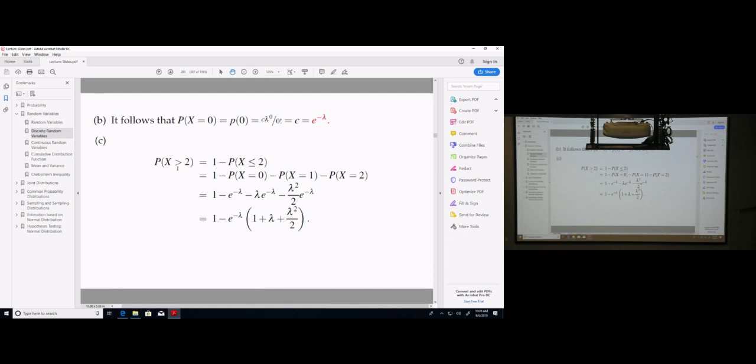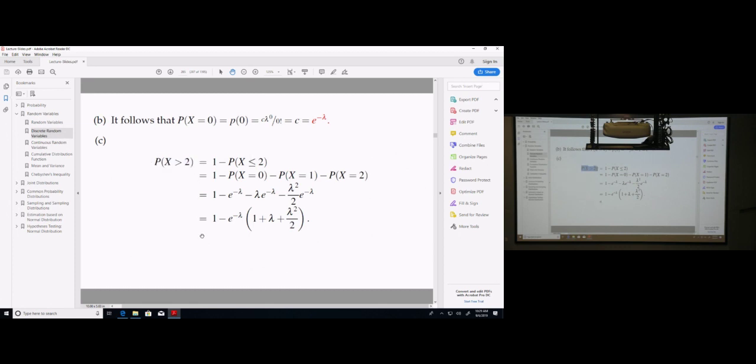And then probability of x bigger than 2. There are two ways to do it, as I mentioned. One way is head-on. So what I need to do is add a lot of terms: x equal to 3, x equal to 4, x equal to 5, and so on. So you have to add up an infinite sum here.